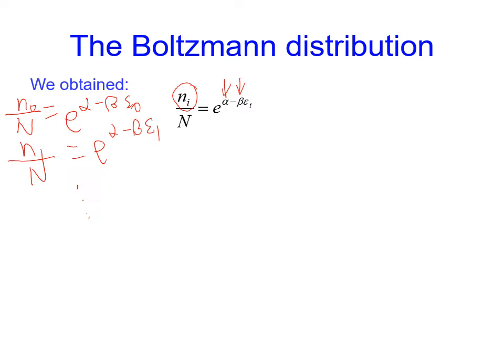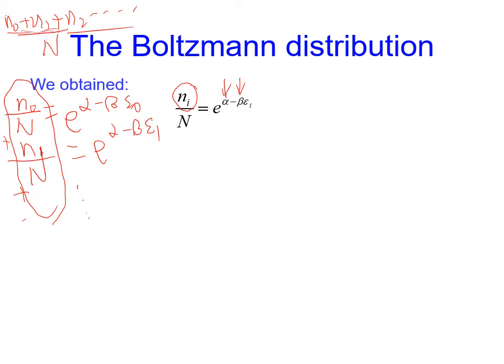Now, if we add all these equations, the left side becomes: the top is N0 plus N1 plus N2, all added together, which is N. So this becomes N over N, which is 1. The left side is just 1.